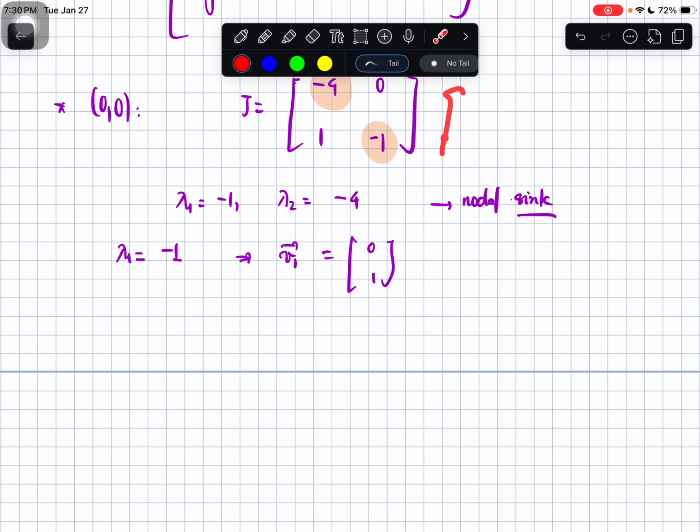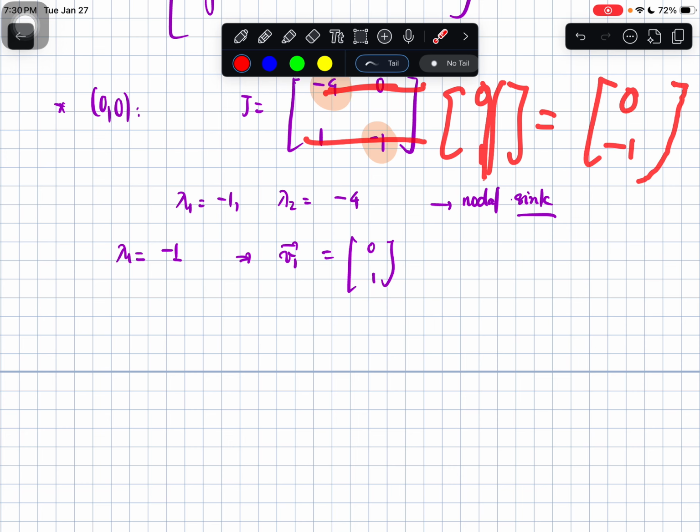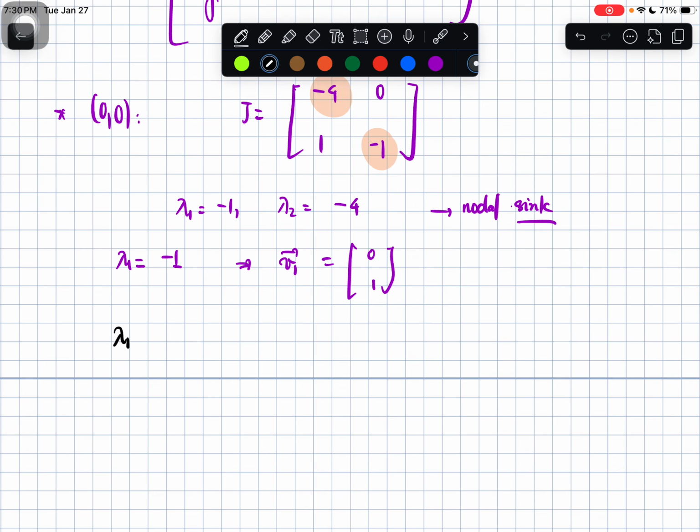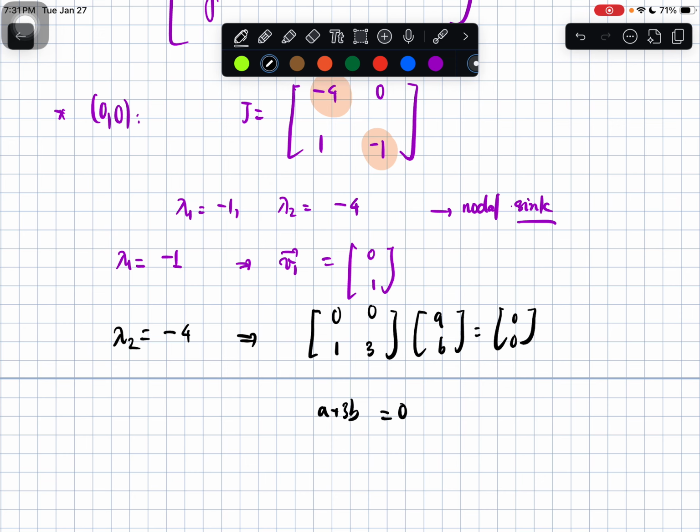For lambda 2 equal to minus 4, we multiply: A plus 3B equals 0, so A equals minus 3B.